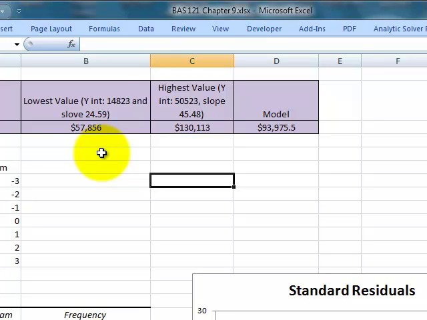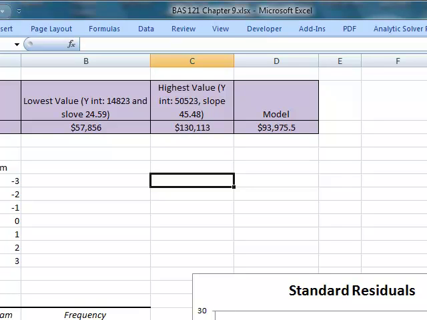So when you walk into the real estate agent and ask what a 1,750 square foot house costs, the agent can say, generally it's going to be between $57,000 and $130,000, somewhere in that range. That takes us through all of the examples in the book from 9.4 to 9.9.